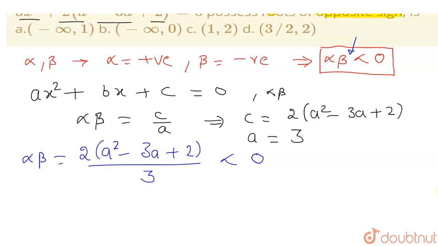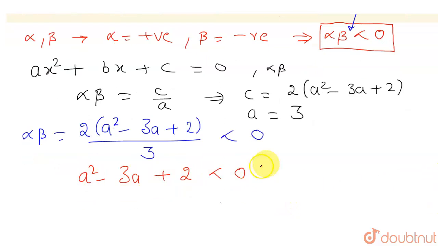Now I got an inequality with a in it, so now I can find the values of a. If I multiply by 3 by 2 on both sides, I will get a square minus 3a plus 2 less than 0. I have just multiplied by 3 by 2 on both sides, so this term cancels out, and 0 into 3 by 2 is 0. Now I have to just solve this inequality for getting the required values of a.